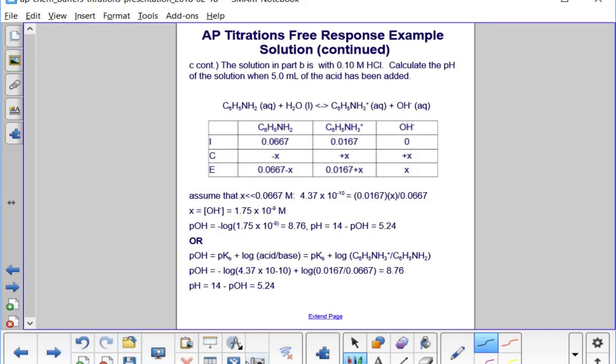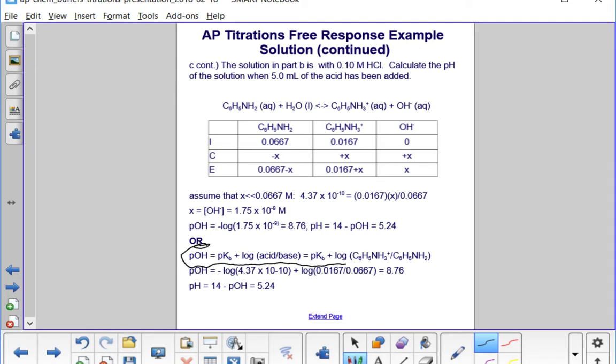I showed using the ICE table, although I rarely use the ICE table now that I do Henderson-Hasselbalch. You can follow that alternate solution if you want to. I'm going to use Henderson-Hasselbalch, which I wrote using the pOH.